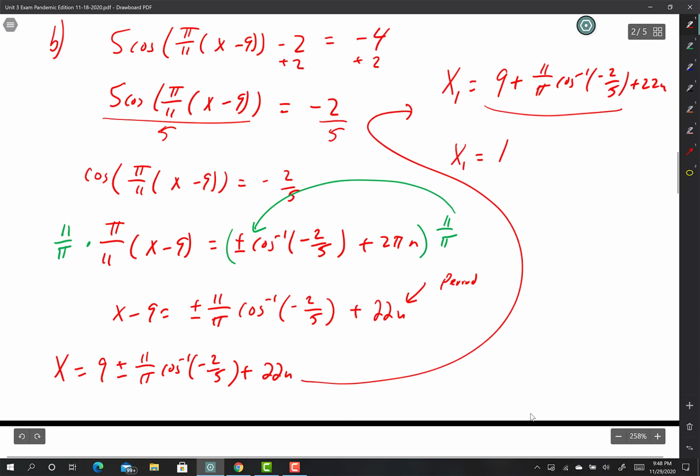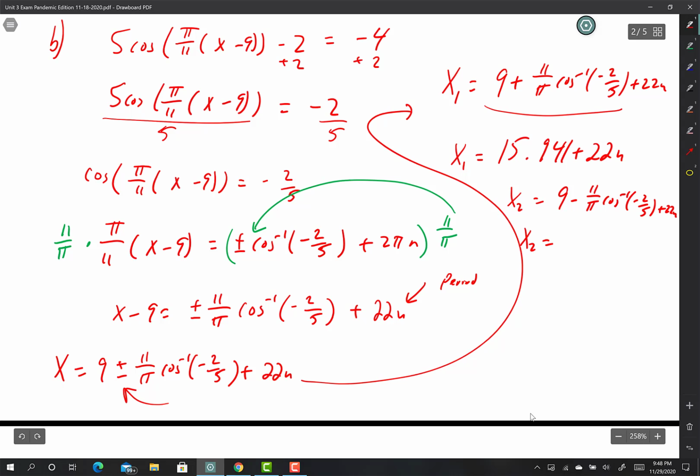So I think it was, let's see if I remember, 15.941 plus 22n. And then for x2, the second one, instead of a plus, I'm going to do a minus. Because remember, there said plus minus there, right? So I'm going to write 9 minus 11 over pi, arc cosine of negative 2/5 plus 22n.